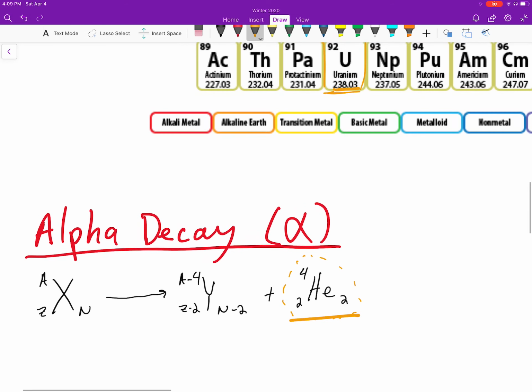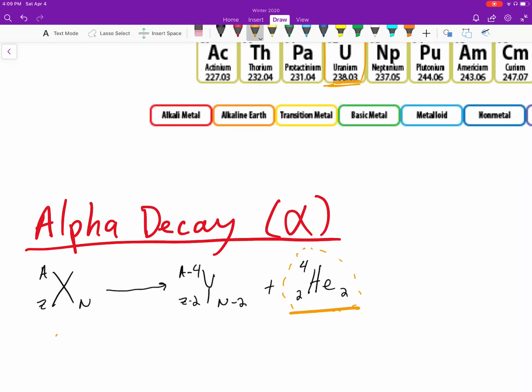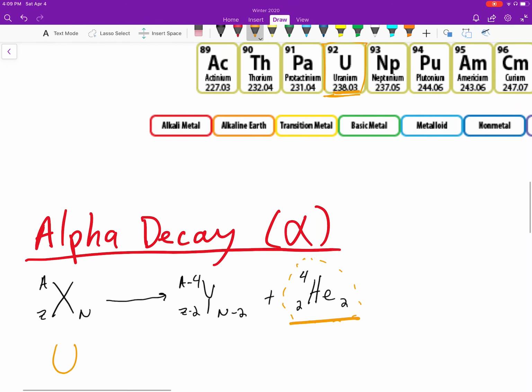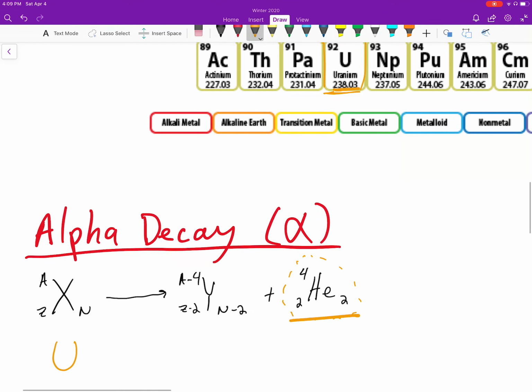What that would look like is you have uranium, 238 here, 92 protons, and then how many neutrons? Let me grab my calculator real quick. 238 minus 92 is 146, so 146 neutrons.